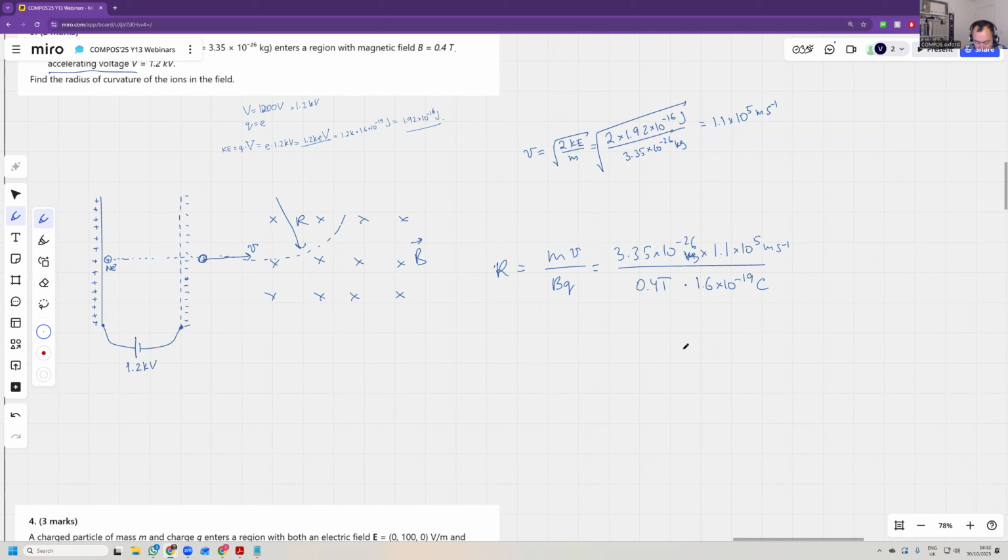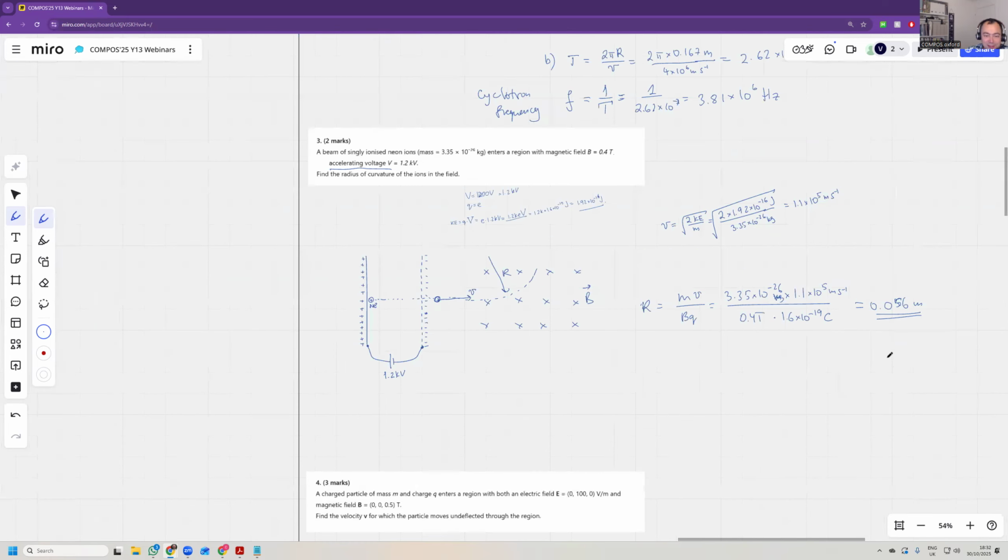And we get 0.056 meters, which is about 5.6 centimeters. Lovely.